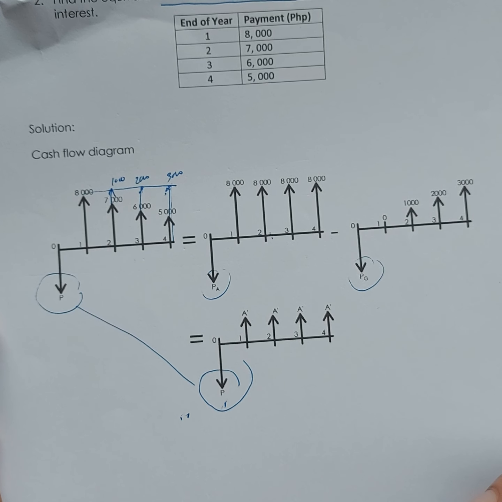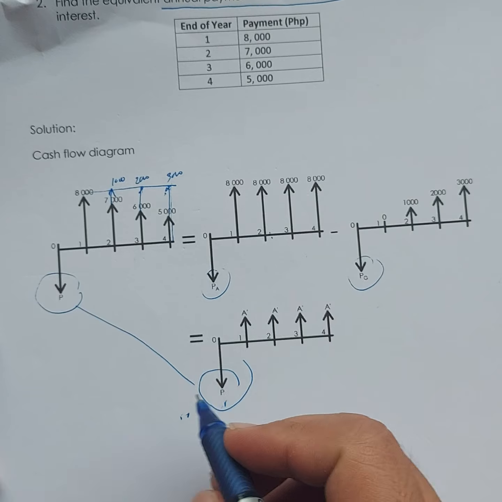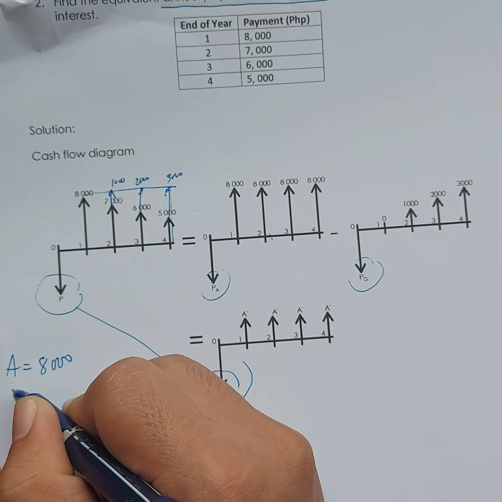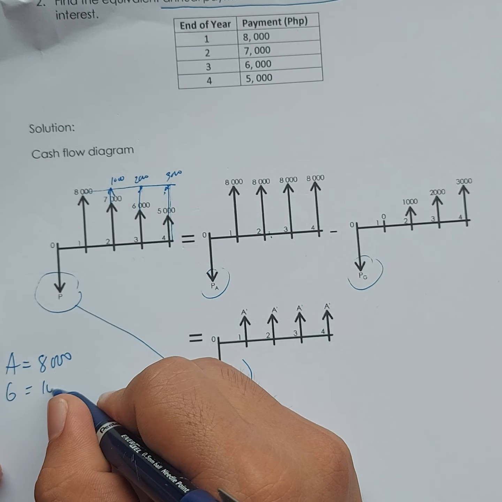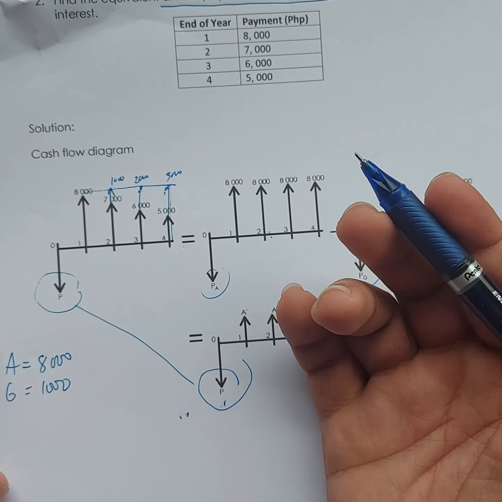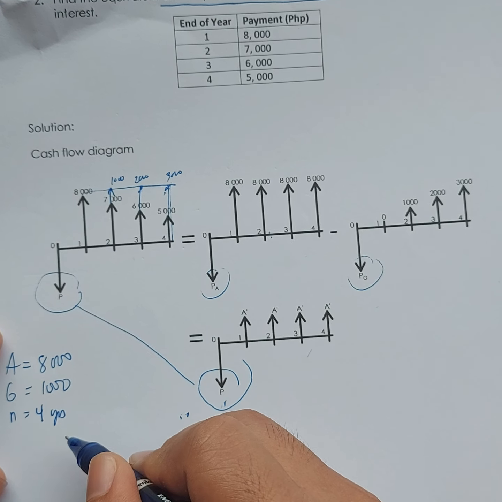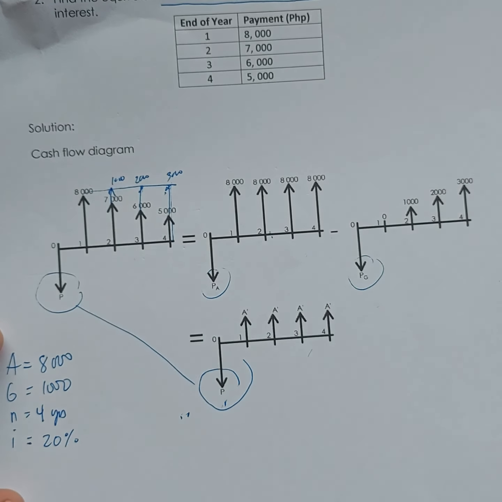Okay. So again, what's next? The annual is 8,000. The gradient amount is 1,000. So the interval is 1,000. N is again 4 years. And then we have an interest rate equivalent to 20%.